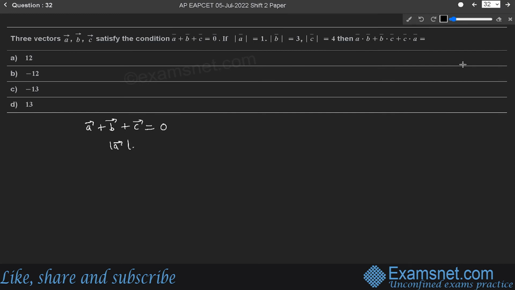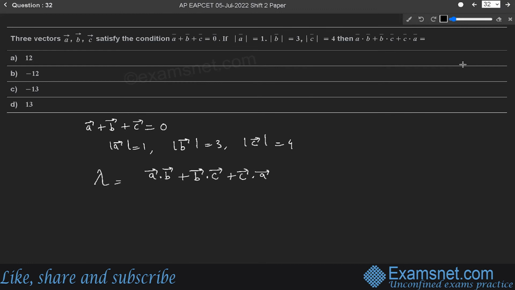Modulus of A vector is equal to 1, modulus of B vector is equal to 3, and modulus of C vector is equal to 4. We have to calculate A vector dot product B vector plus B vector dot product C vector plus C vector dot product A vector. Therefore, let lambda be equal to this expression.